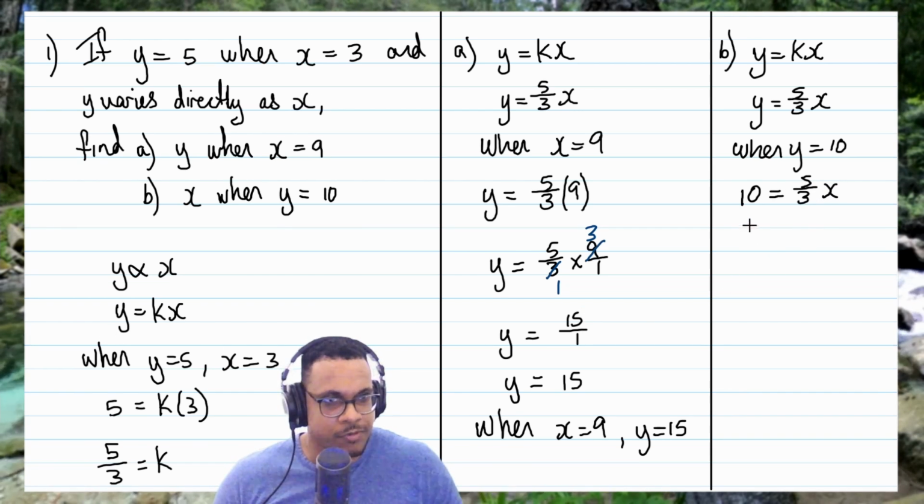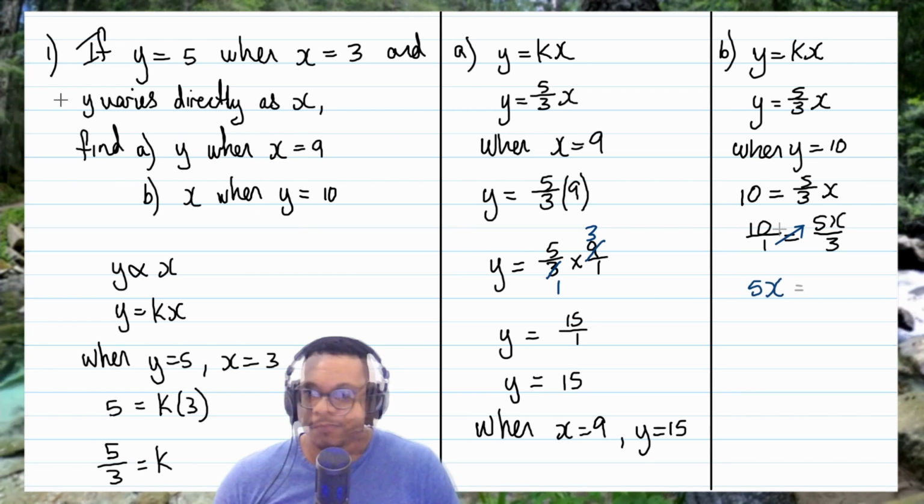Now this equation can be written as 10 over 1 is equal to 5x over 3. So now we cross multiply, and we get 1 times 5x, and we'll get 5x. Then we have 10 times 3, and that will give us 30. So now we have 5x is equal to 30.